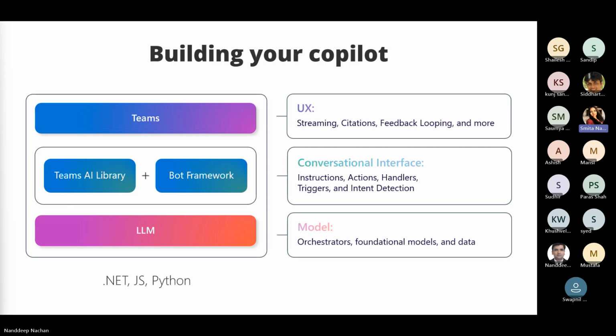Then the LLM comes into place, which adds the intelligence with natural language capabilities. Then the UX, conversational interface, and the model layers provide the essential functionalities that make the copilot intuitive, responsive, and able to improve over time.